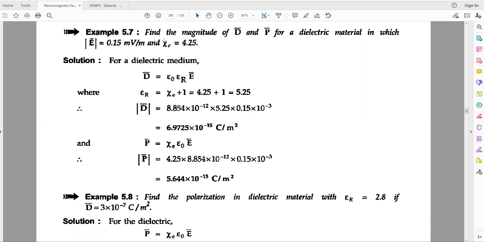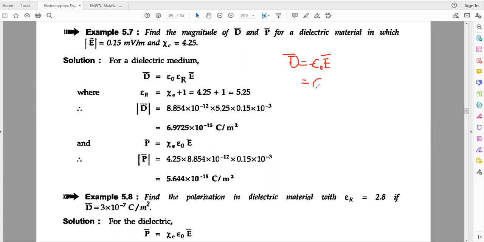Dimensionless. For a dielectric medium, D bar is equal to, the relation between electric field and electric flux: D bar is equal to epsilon naught into E bar.